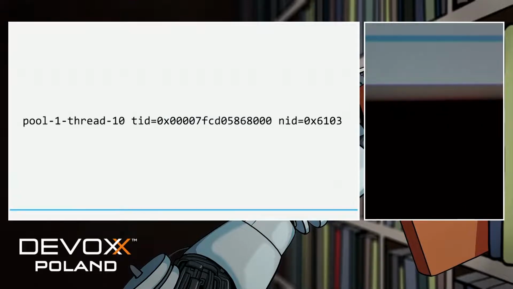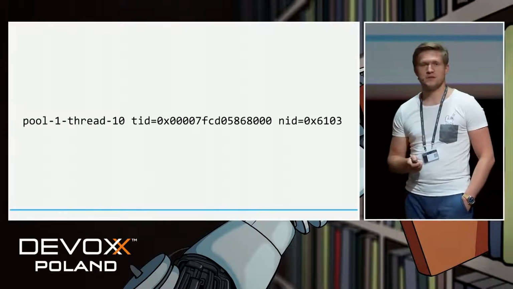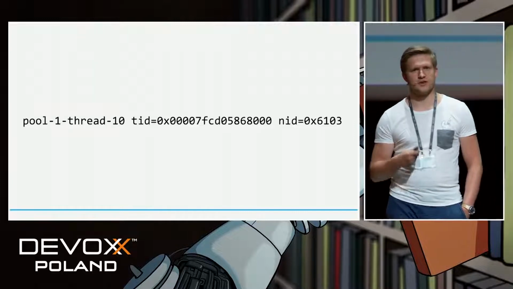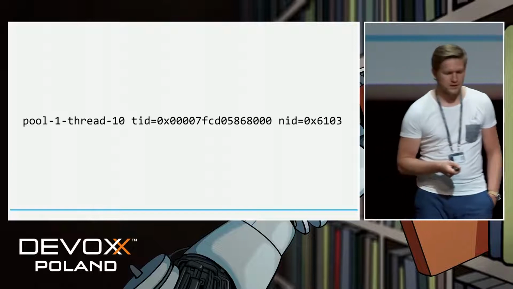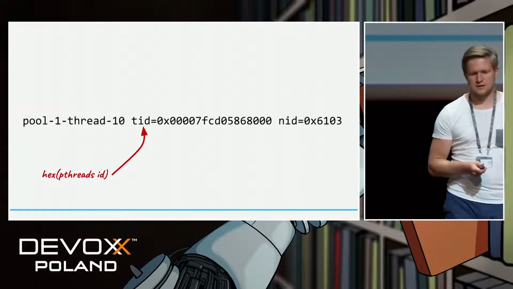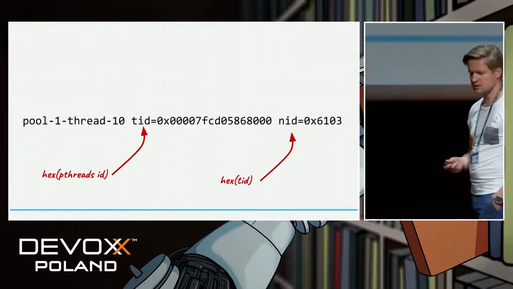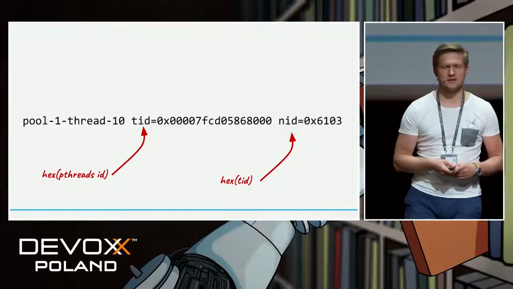So the first column is the thread name. If we took care to actually name our threads correctly, we might get some usable information from there. The next one is tid, which is thread ID, and there is nid, which is native ID. It gets a bit complicated here.